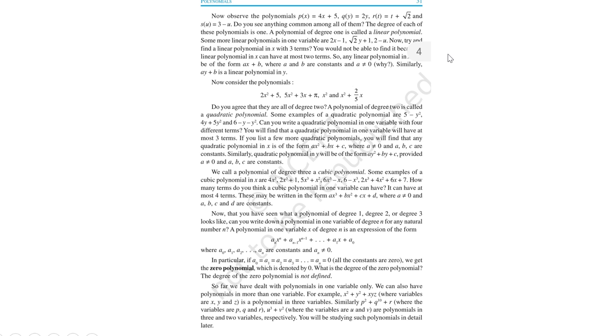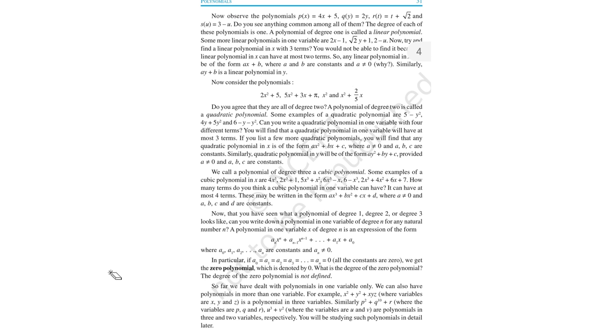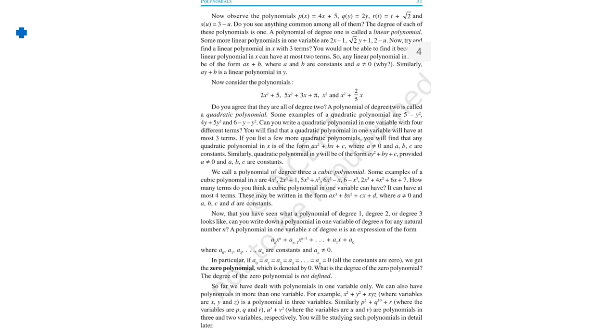Now we can see some special types of polynomials. If in a polynomial all the coefficients are 0, that is a0 equals a1 equals and so on, all are 0, that particular polynomial is called the zero polynomial.